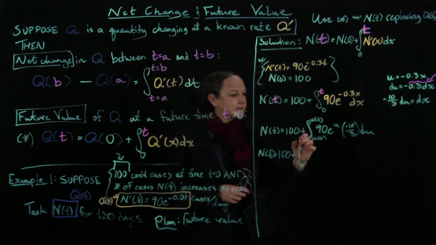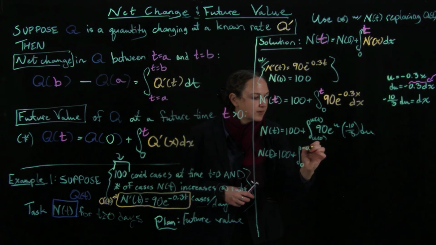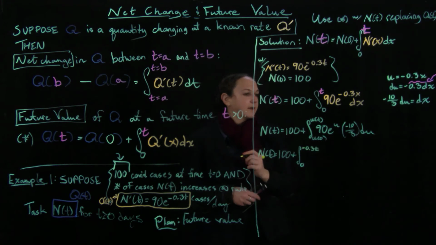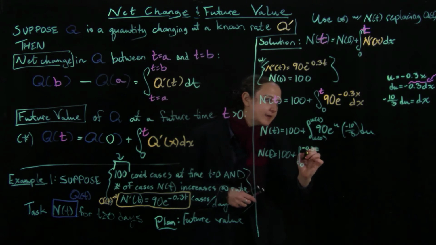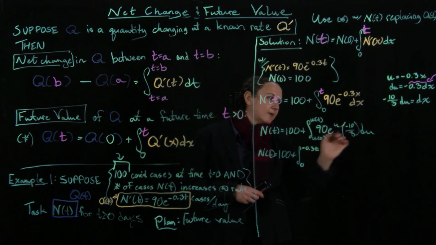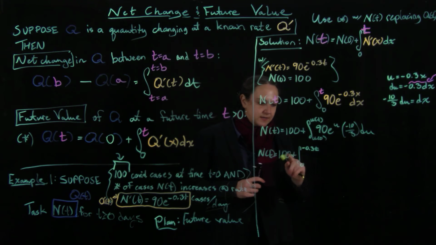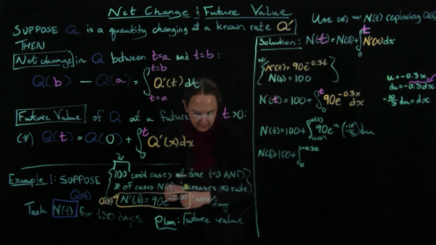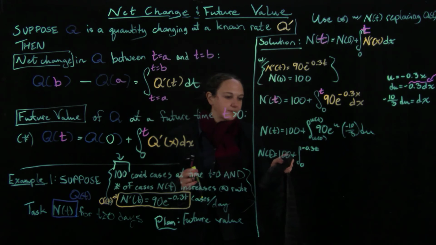The same thing for t, except that I get minus 0.3t. Okay, substituting that in. And then I can pull out, I've got minus 900/3, so minus 300. I didn't pull that out yet here. Let's just scoot this all over to make room for that.